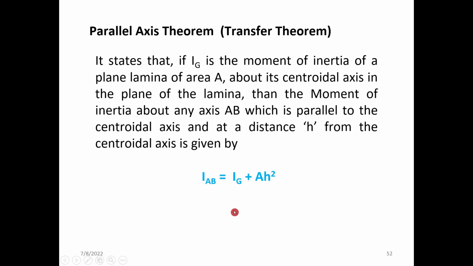Then the moment of inertia about any different axis, which is parallel to the centroidal axis at a distance h, the total IAB is equal to Ig, the moment of inertia of the individual area about the centroidal axis, plus the area of the plane considered into h square, where h is the distance from the centroid of the planar figure to the axis considered.